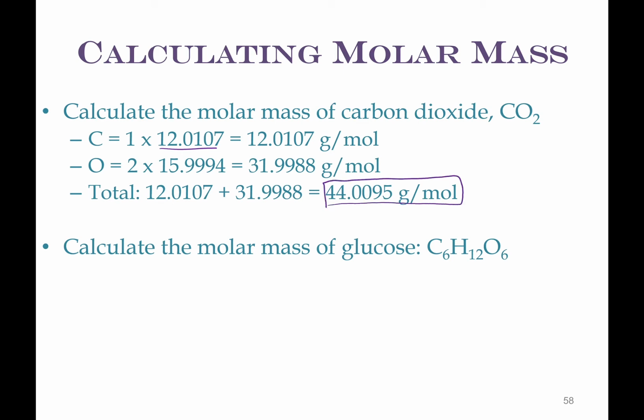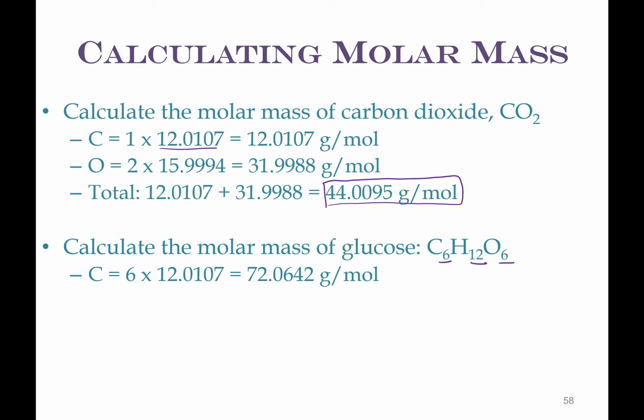Why don't you pause it and try the next one before we do it together? Glucose, we have 6 carbon, 12 hydrogen, and 6 oxygen. The molar mass of carbon is 12.0107. I have 6 of them. 6 times 12.0107 is 72.0642.